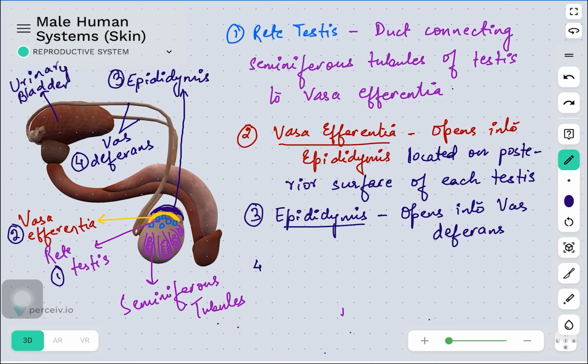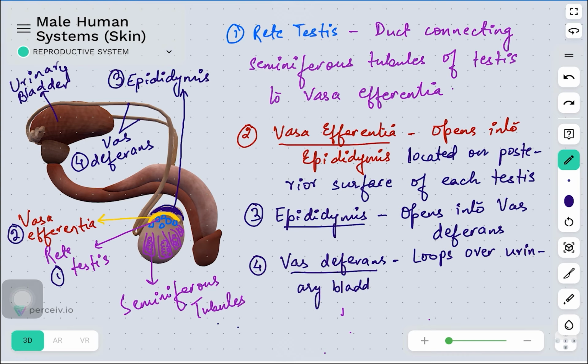So vas deferens loops over urinary bladder and opens into urethra as ejaculatory duct.